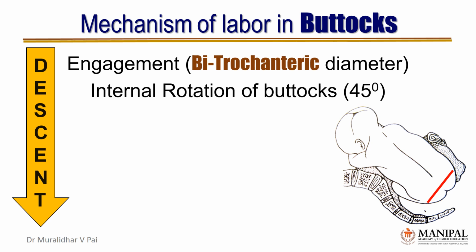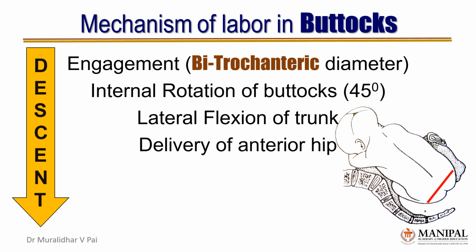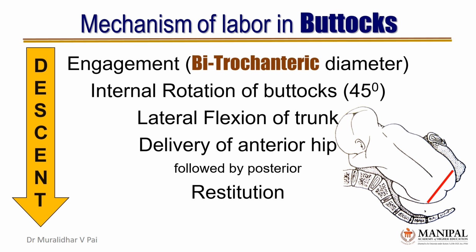Consequently, there would be internal rotation of buttocks by 45 degrees. After that, with the lateral flexion of the trunk, the delivery of the anterior hip occurs, followed by delivery of the posterior hip. Once the buttocks are delivered, there will be twisting back of the buttocks called restitution.